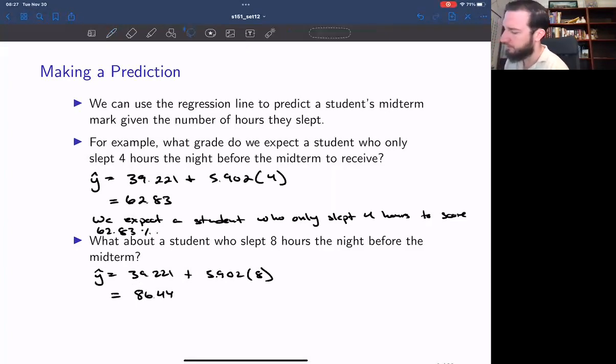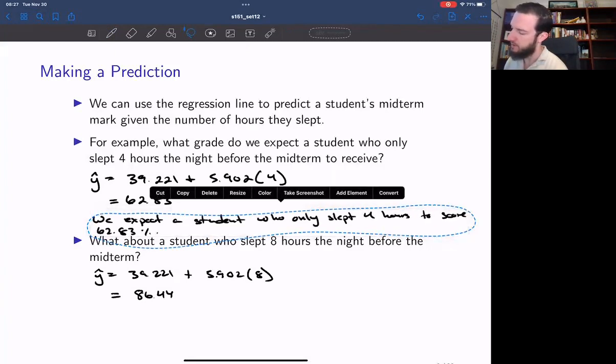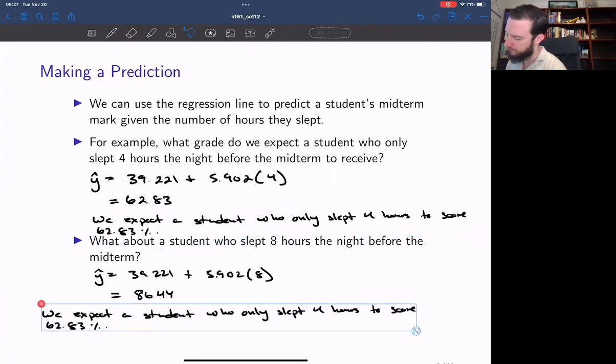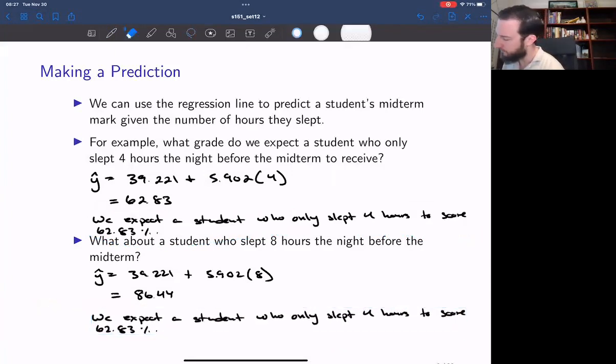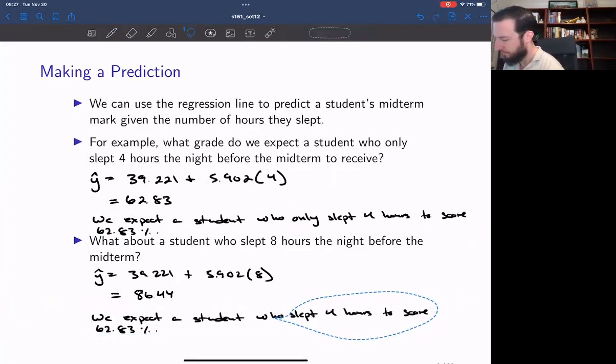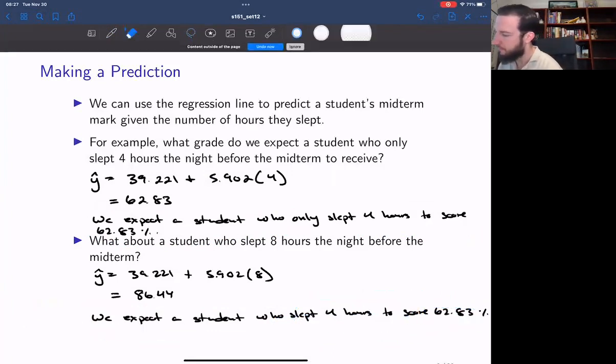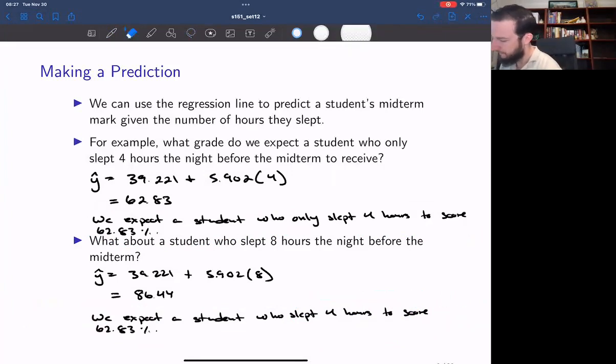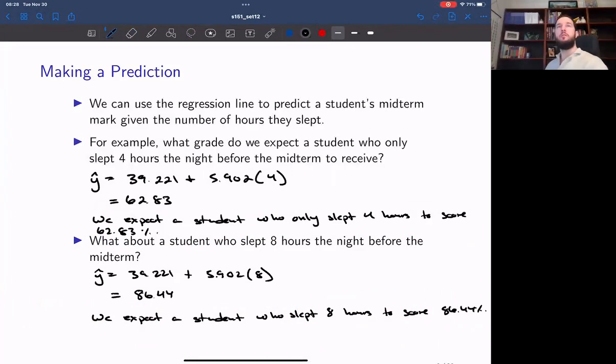Okay, and then we would have the same conclusion, except that we would just change 4 and we would change the expected outcome. So we expect a student who slept 8 hours to score 86.44%.